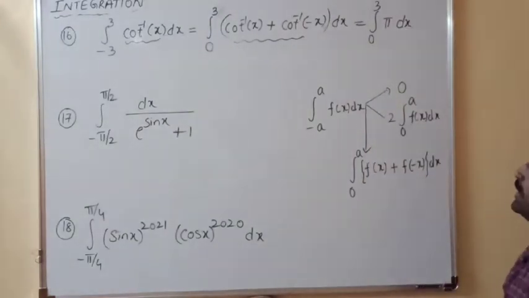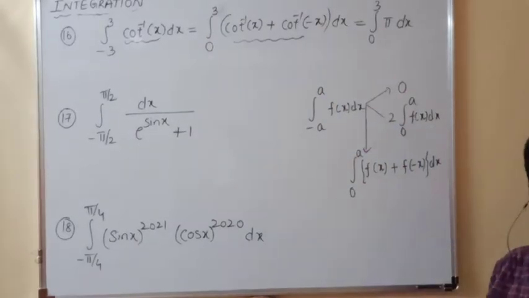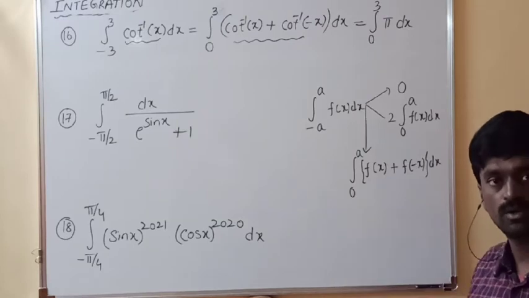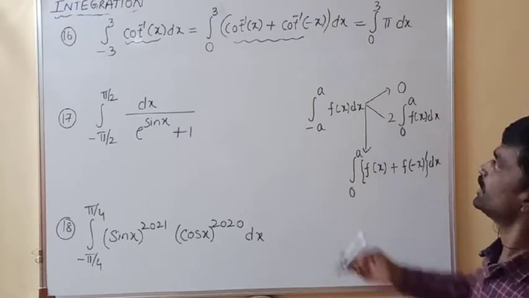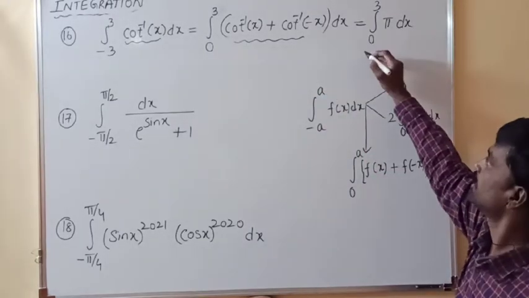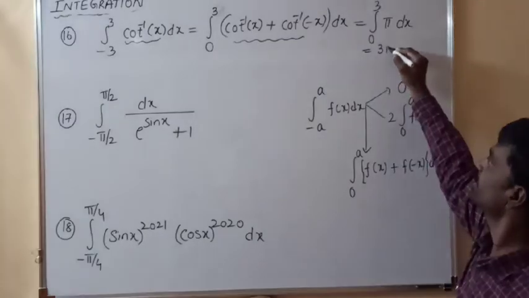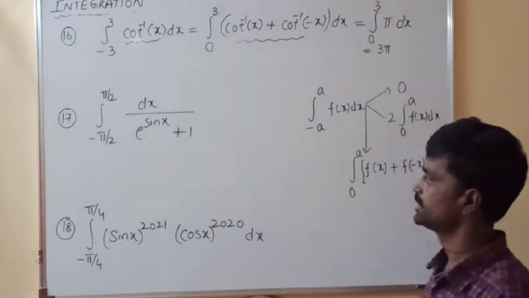Correct? Because cot inverse of minus x is pi minus cot inverse x, or from that equation, what you will get? Cot inverse of minus x plus cot inverse x is pi. So after integrating and applying the limits, what do you get? 3 pi. Okay. Next.